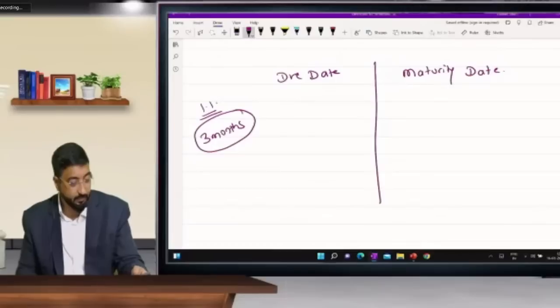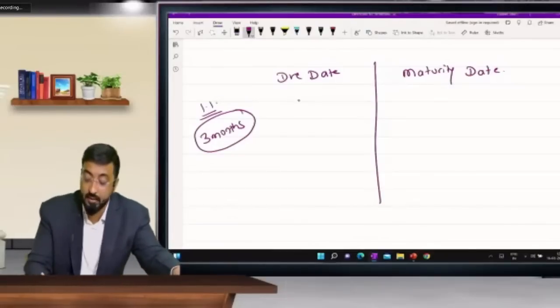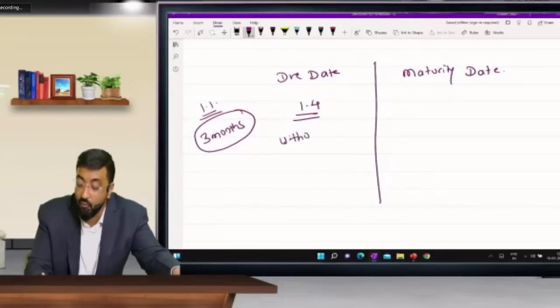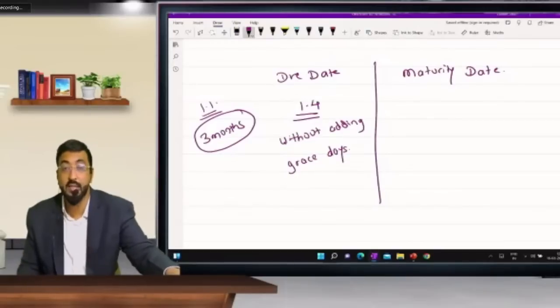But remember, after 3 months, date is 1st of April. So due date technically, without adding grace days. Grace days are not added in case of due date.